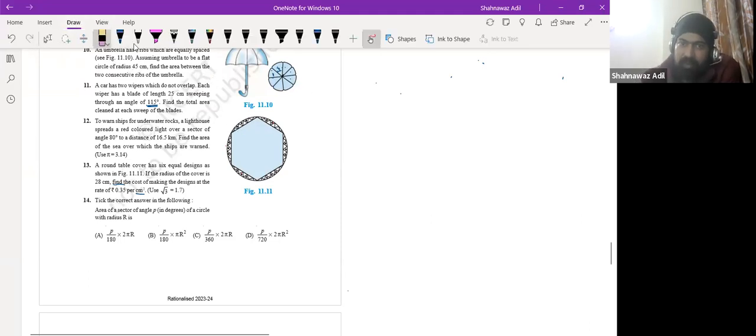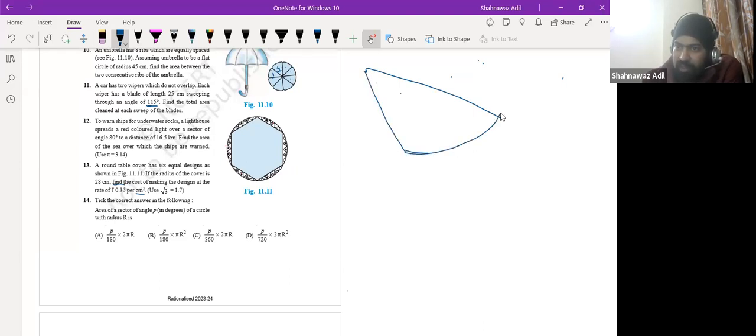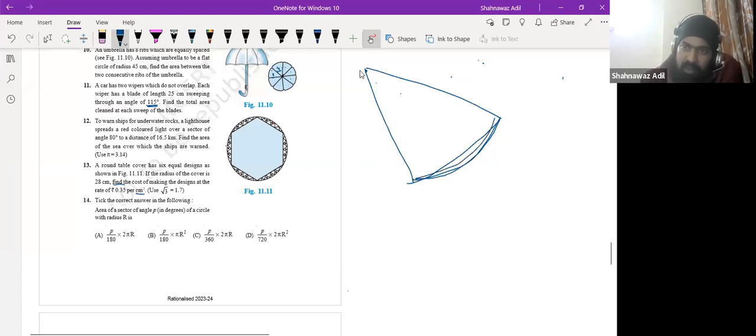So we have this. Yeah, this is the lighthouse, right? And it is making some angle. This is the area in which the light is spread, right? So what kind of shape is this? The sector.